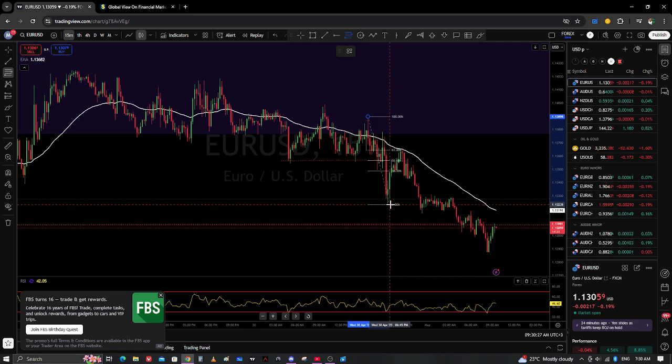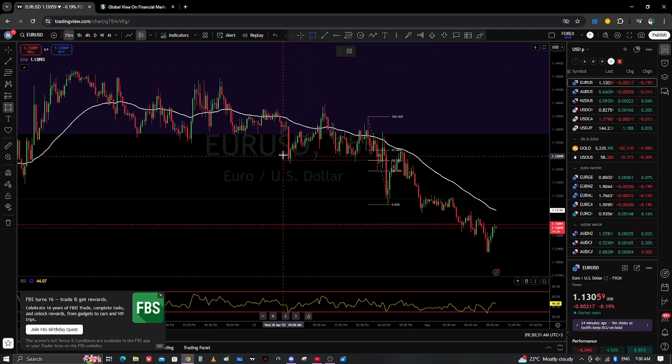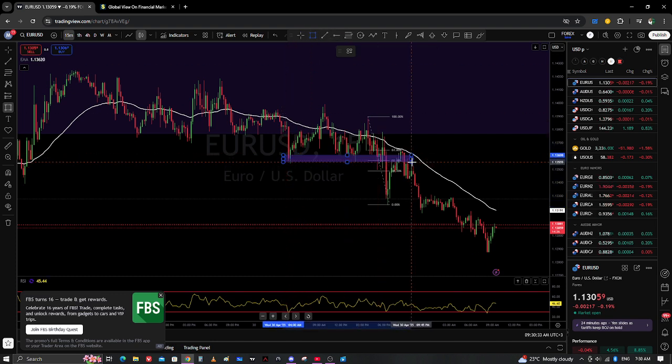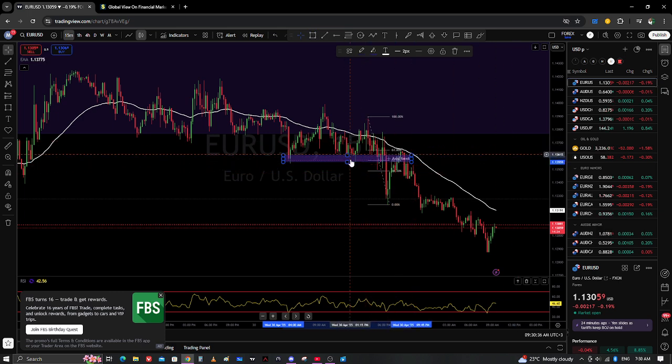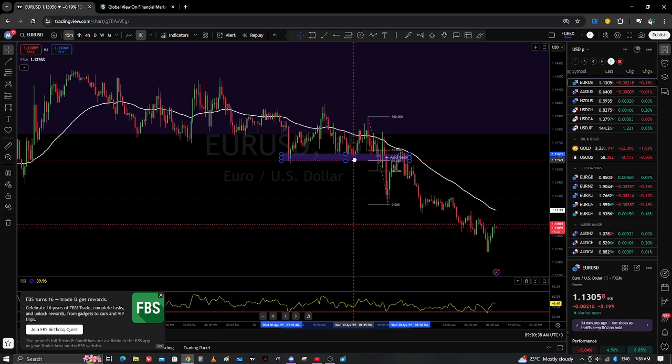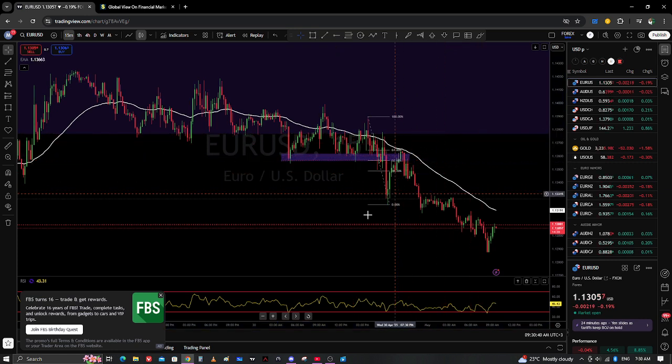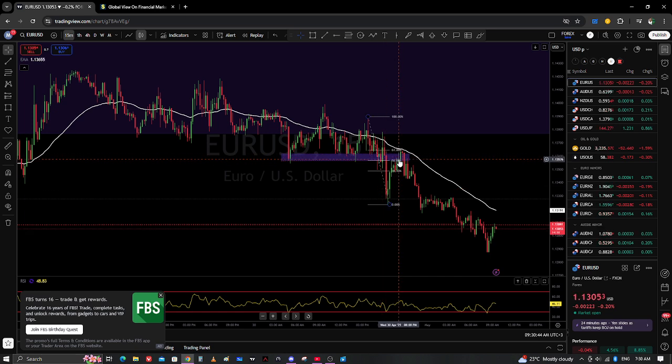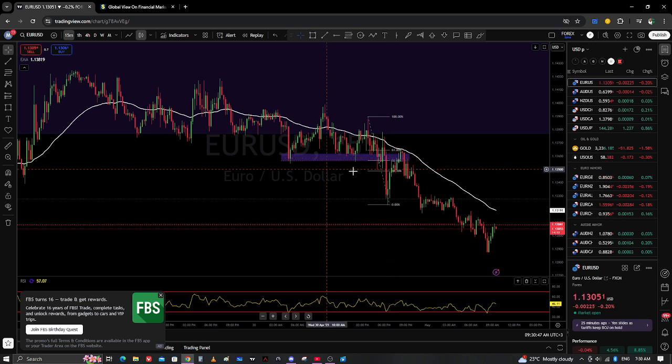From here to here, put our fib. You see that at this area of resistance, a bit of support that has now turned resistance, we can say here is our setup. The fib lines up with the identified support and resistance.